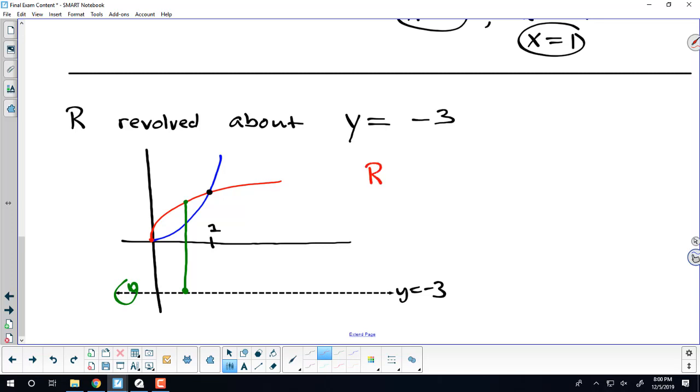And so the outer radius in this particular setting, well, we're using capital R for the region, so I'll just say the outer radius is still the top minus the bottom, but this time the bottom axis is different.